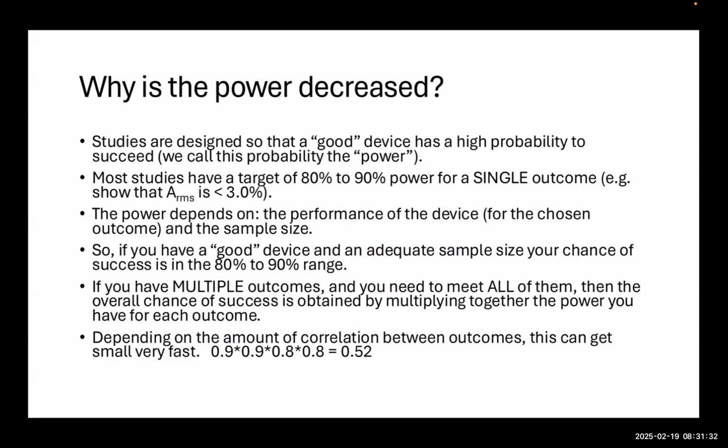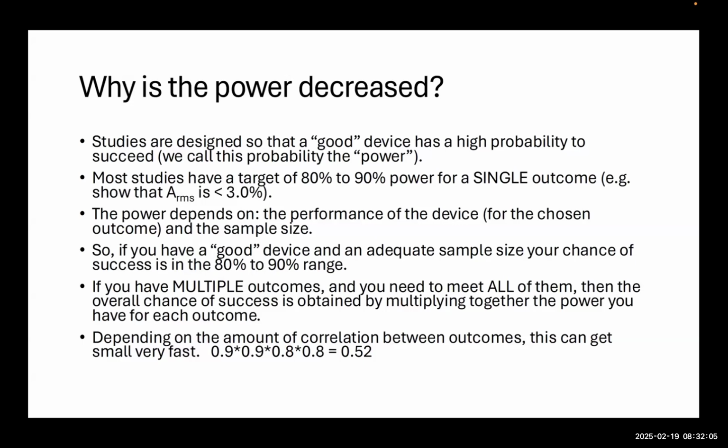Most studies have a target power of 80 or 90% for one outcome. So if you have a good device and a good sample size, your probability of succeeding is 80 or 90%, which is quite high. But if you have multiple outcomes and need to meet all of them, your overall chance of meeting all of them goes down significantly. The way you calculate it is basically by multiplying out the power. So if you have 0.9, 0.9, 0.8, 0.8, and you multiply them all together, you get 0.5.